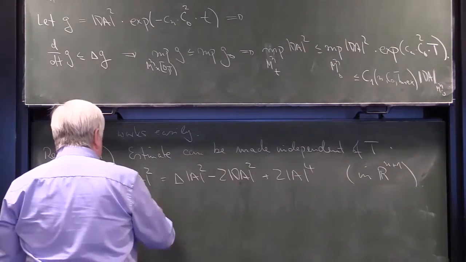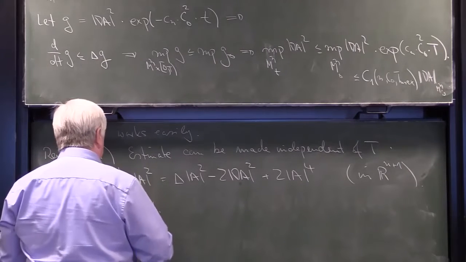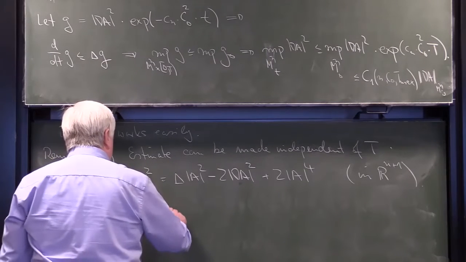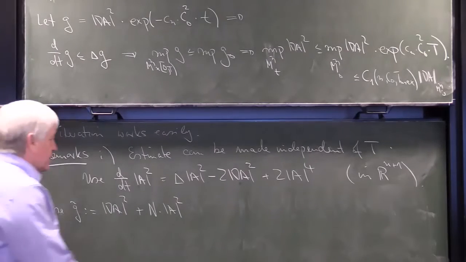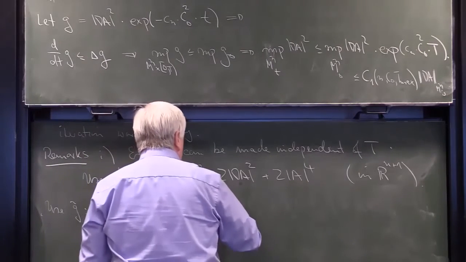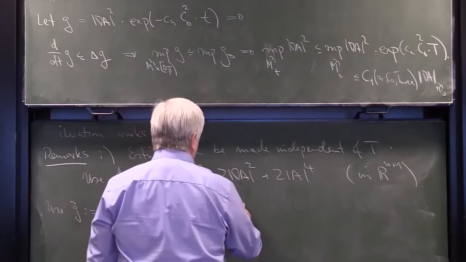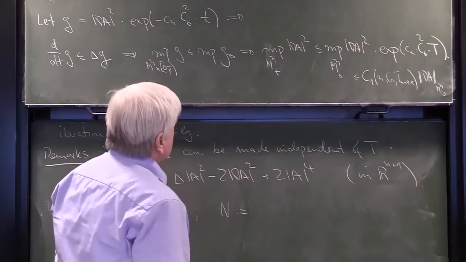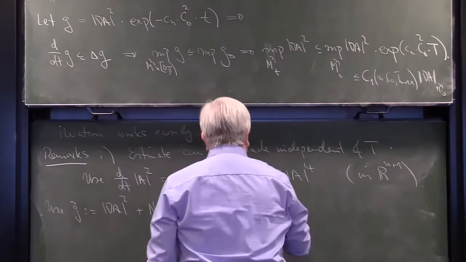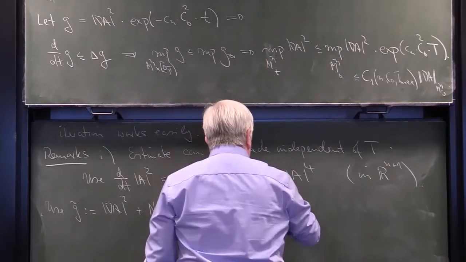You could just add a huge amount of A squared, where the number n is, for example, exactly this bad term, Cn times C0 squared.